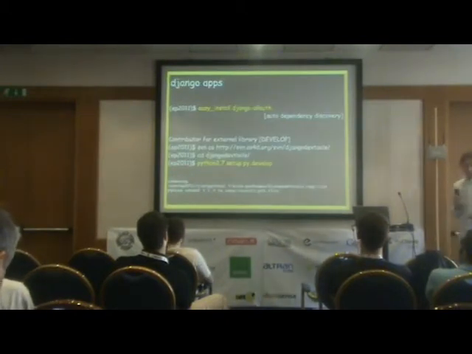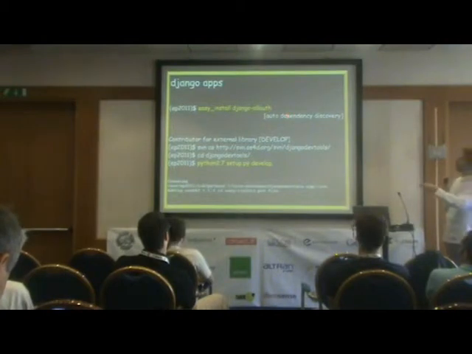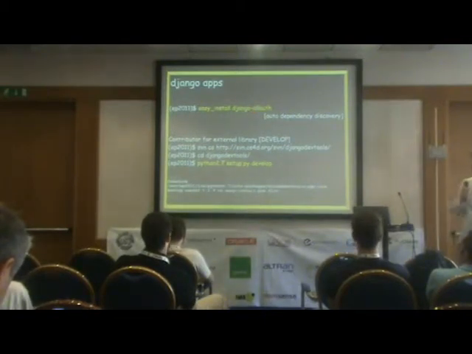Okay. Well, when you use Django, you have a lot of applications. And I suggest using easy_install or pip to install all the applications inside your environment too. For example, this application, django-allauth, is useful for single sign-on authentication.